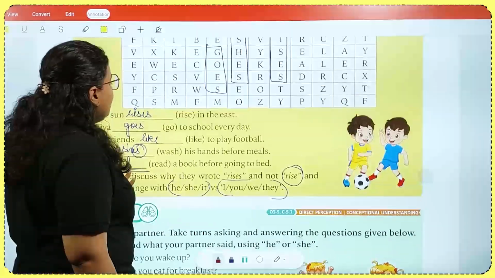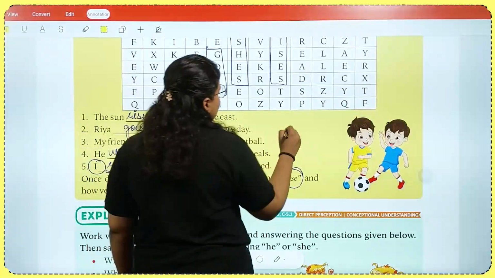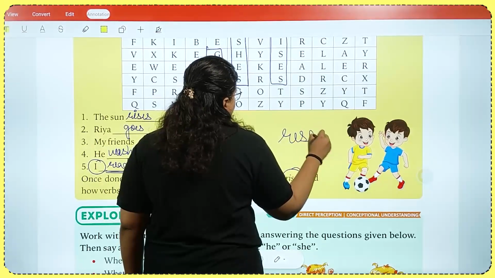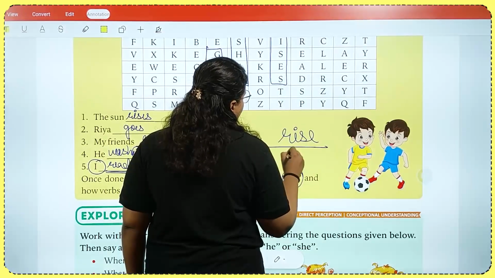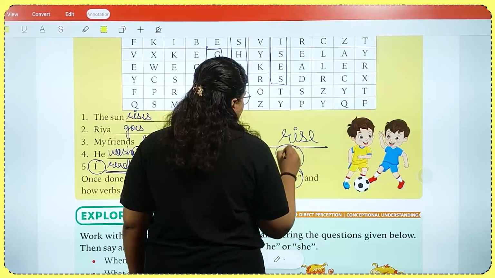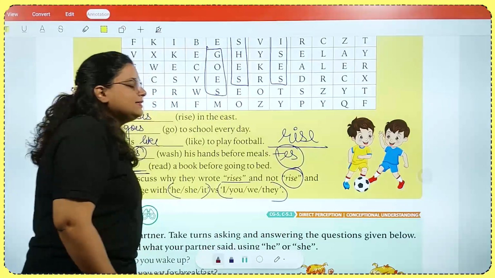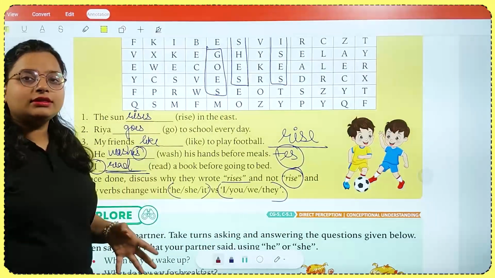And why couldn't I write only rise? Why did I have to add the S? In this chapter, we are going to learn about this one.